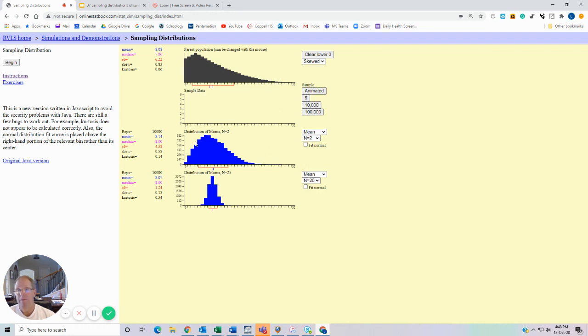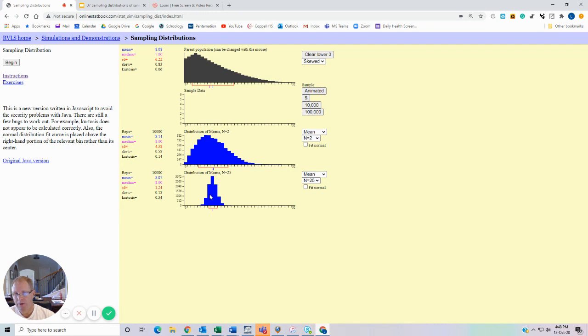And now we see one thing that we saw before. As the sample size went from 2 to 25, the spread of the sampling distribution decreased. Here the standard deviation was 4.38. Here the spread of my sampling distribution is 1.24.